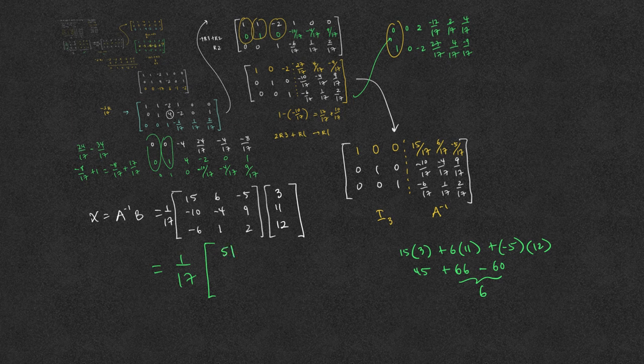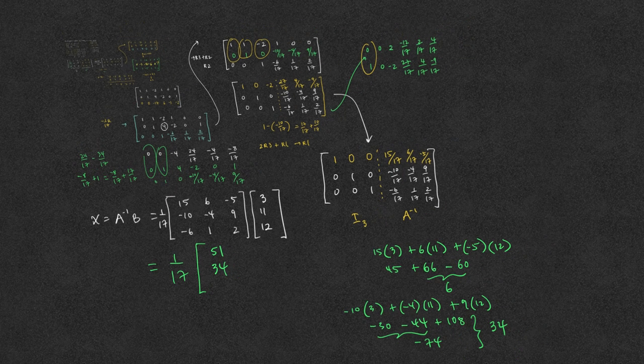The second entry comes from the second row multiplied by the only column. Negative 10 times 3 plus negative 4 times 11 plus 9 times 12. This is negative 30 minus 44 plus 108. Negative 30 minus 44 is negative 74. Negative 74 plus 108 is positive 34.